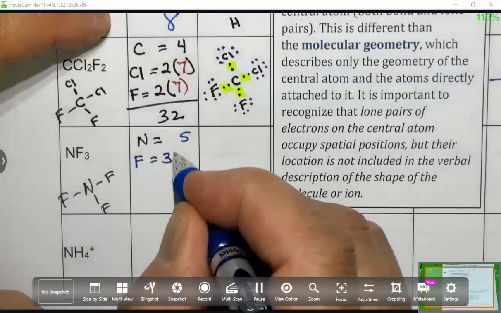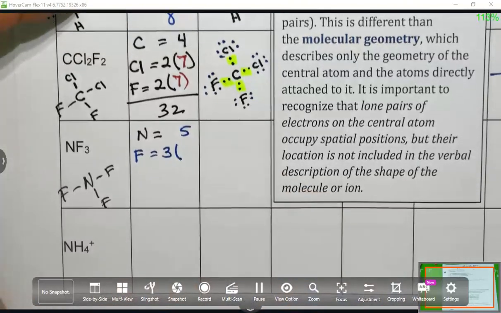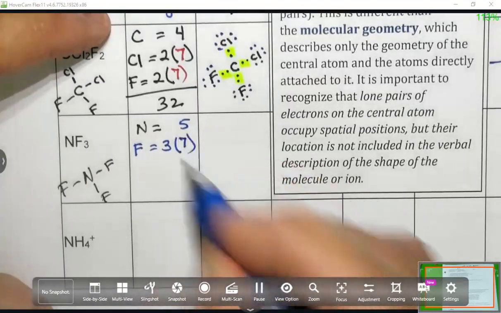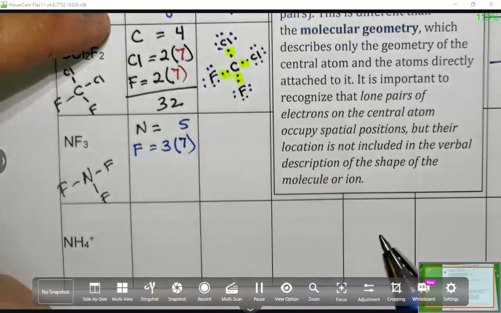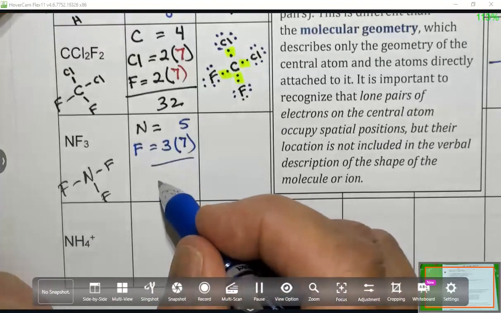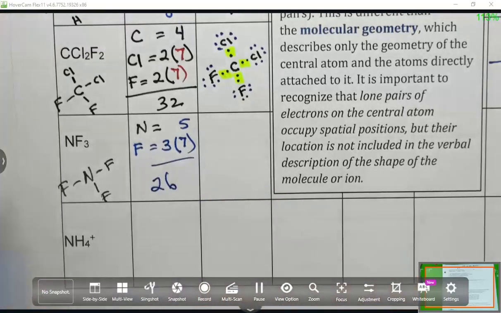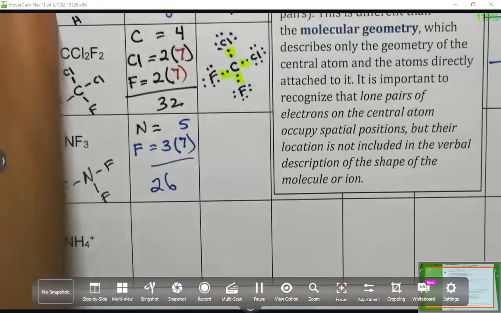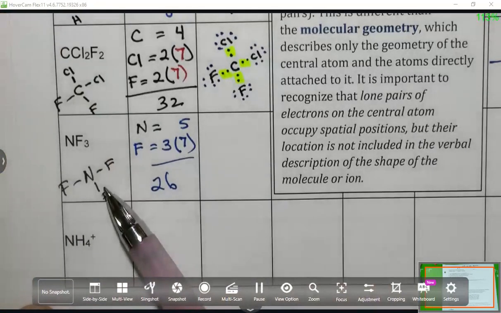I have 3 of them. And they are in group 17. So 7. So my total valence electrons is 26, huh? 26. All right, so that's step 1, skeletal structure.